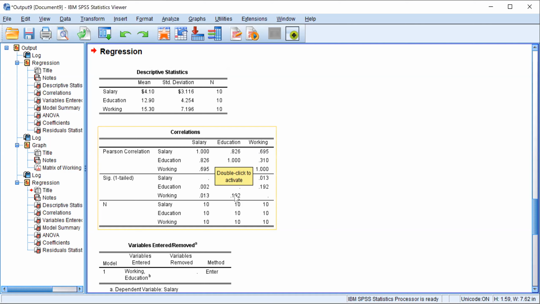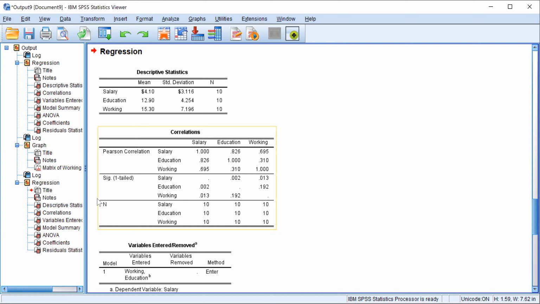For salary, the education correlation is 0.826. Working is also positively related to salary, the correlation is 0.695. And the correlation between working and education is 0.31, which is smaller than the correlation of each predictor with the salary, just like we have looked at in the scatter plot.